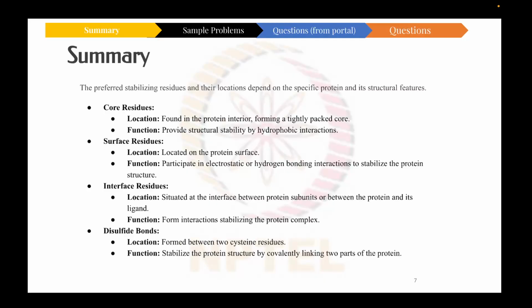Then we have interface residues. These are residues located in the interface between protein subunits or between the protein and its other interacting partners, where they form interactions that stabilize the complex. Interface residues can be predicted using methods such as contact prediction or interface conservation analysis.